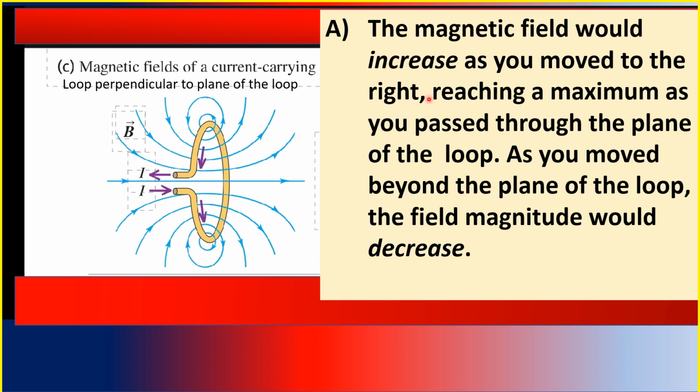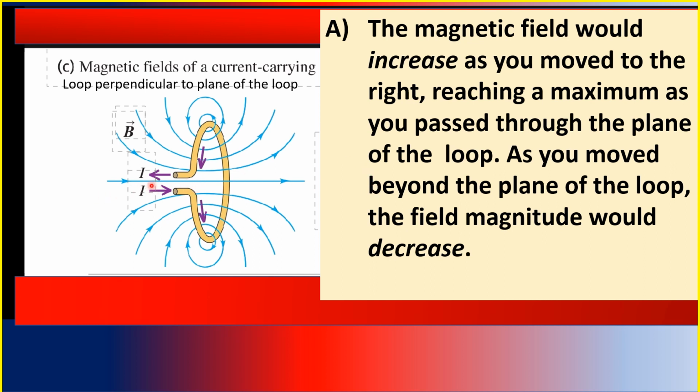The magnetic field would increase as you move to the right, reaching the maximum as you pass through the plane of the loop. As you move beyond the plane of the loop, the field magnitude would decrease. And this is clearly indicated by the presence of the magnetic field lines.